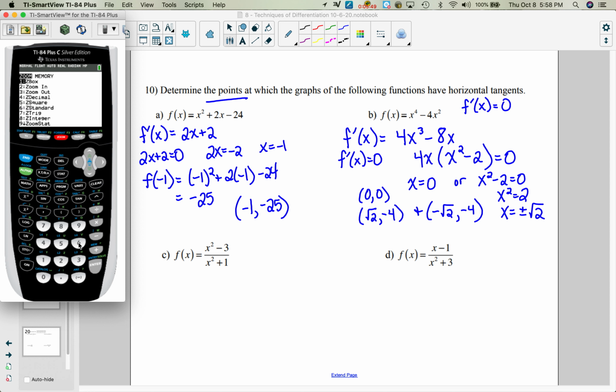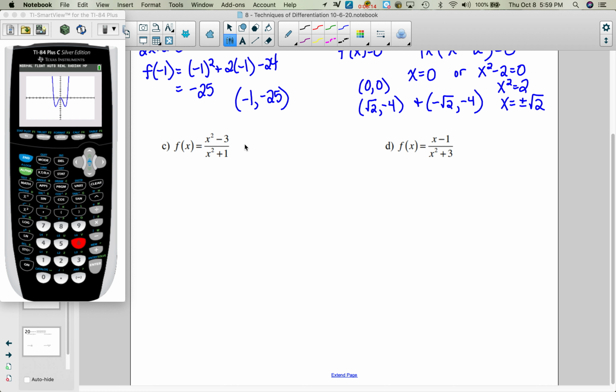If we graph this, notice I have 3 horizontal tangents because I have a minimum right here, a minimum right here. Notice where those are, approximately square root of 2, -4, so we can see that. And at 0, 0. So those are the places where I have horizontal tangents.